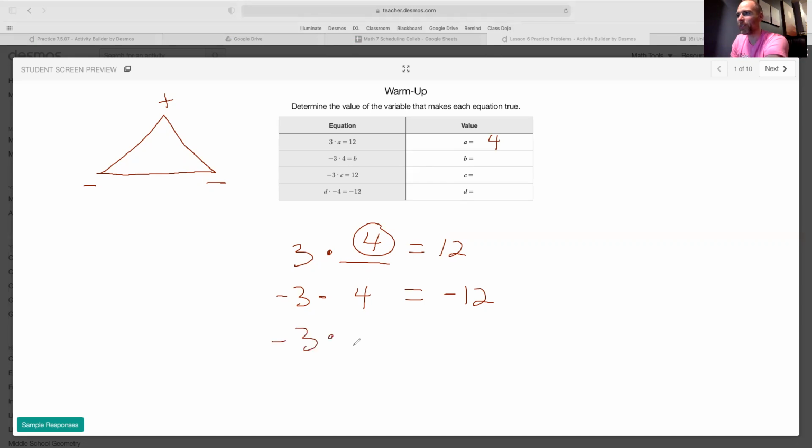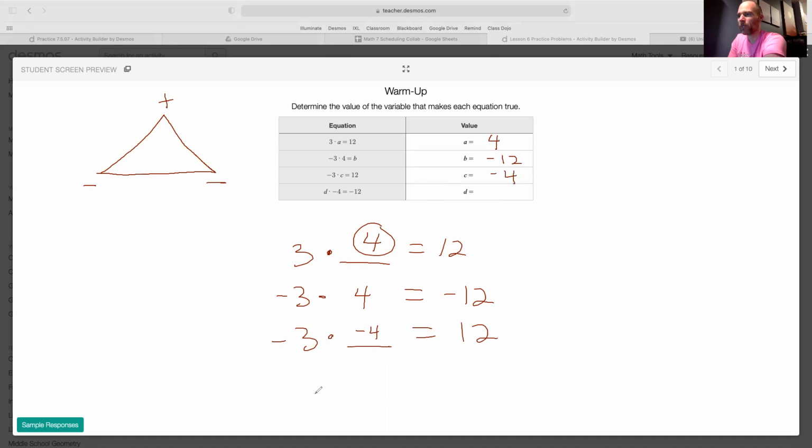All right, so the next one says -3 times c, but I'm just going to put a blank there, not the letter c, equals 12. Oh wait, I forgot to fill in up here. So this one should be -12. B is -12 in that one. And so here, -3 times something equals +12. So like I was just saying, since a negative times a negative equals a positive, you're going to need -4 in that one.